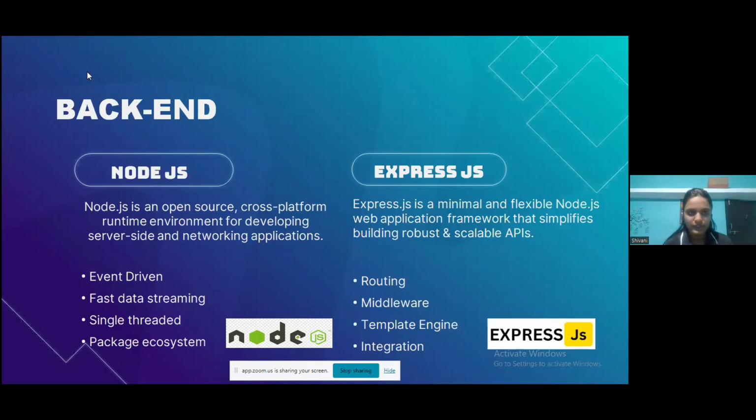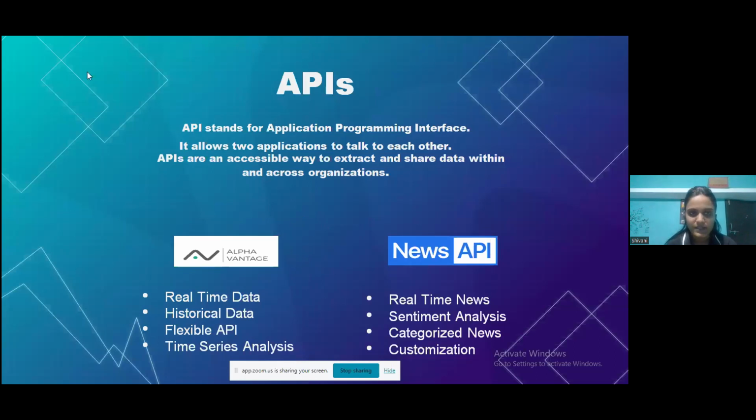Then moving forward, we use APIs. API stands for Application Programming Interface. It is the interface, just like a bridge which connects two points. With the help of this, we can connect and interact and communicate.